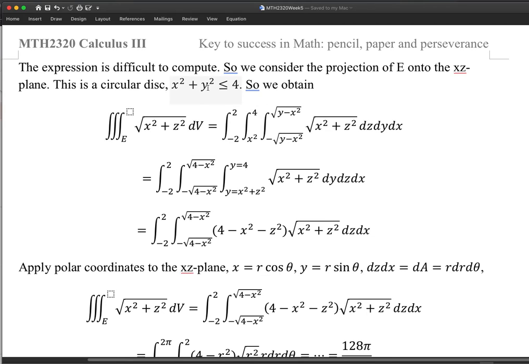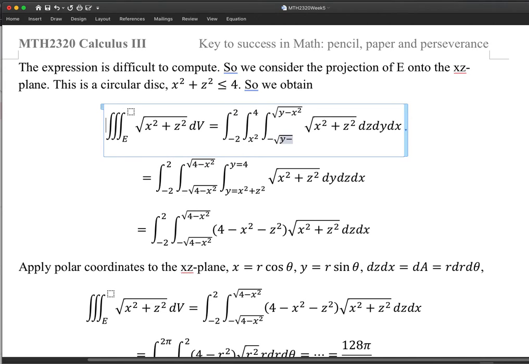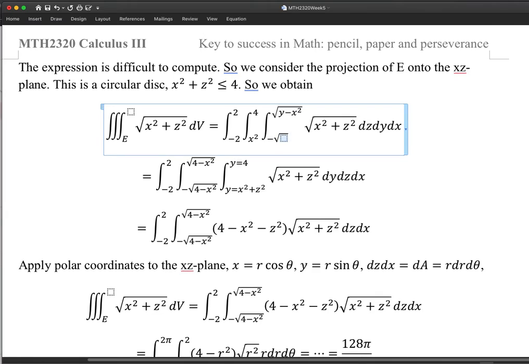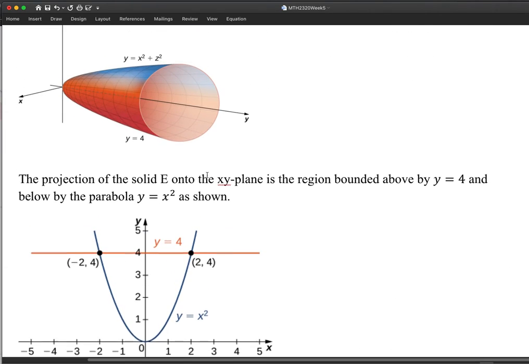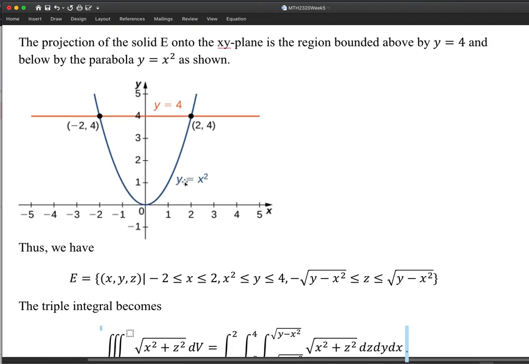x squared plus z squared equals 4. Did I get this part correctly? And then what I meant to say here is that actually this bound is not correct. It should be x squared plus z squared, because y is given as x squared plus z squared.